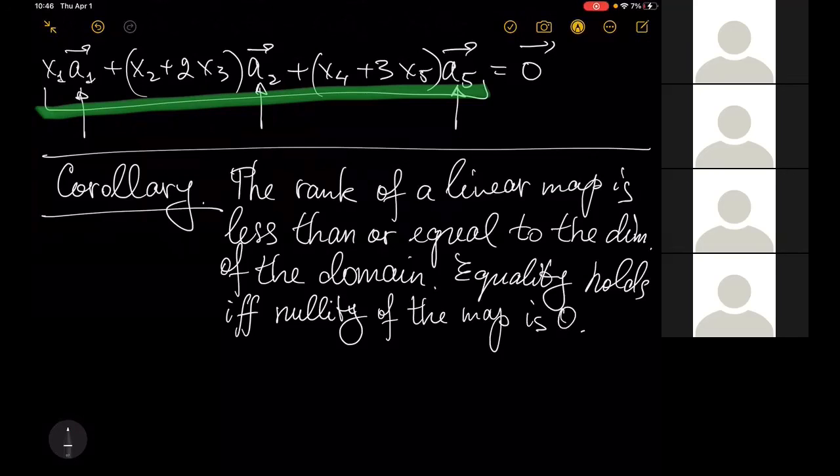It means that only the 0 vector from the original domain is mapped to the 0 vector of the codomain, the resulting vector space. Only in such a case is the rank equal to the dimension of the domain, which means that we have what? Isomorphism, right? Only for an isomorphism do we have such a situation. Okay, thank you very much.